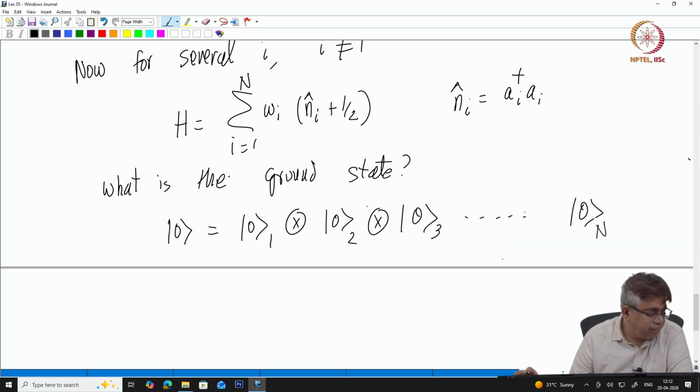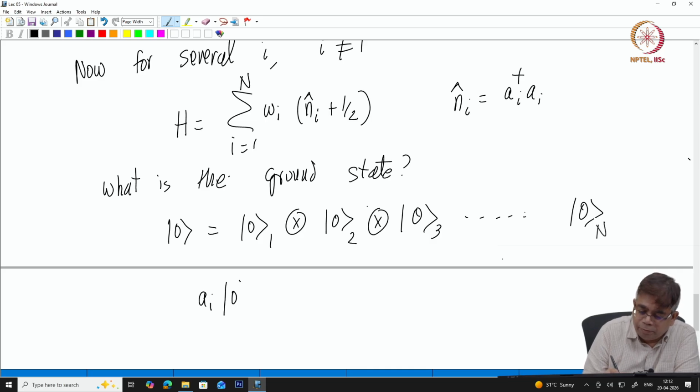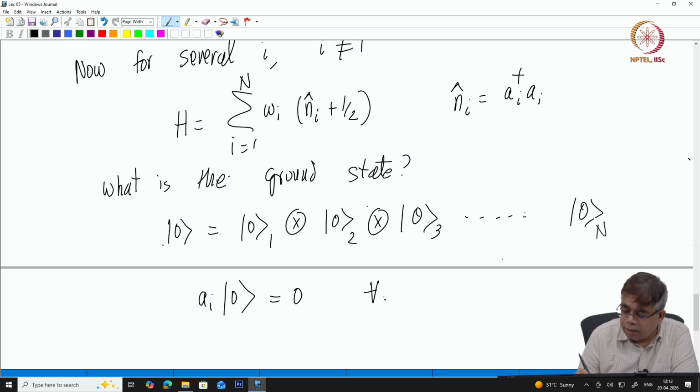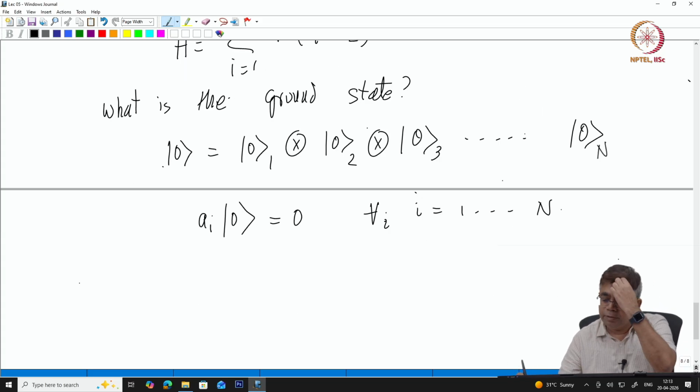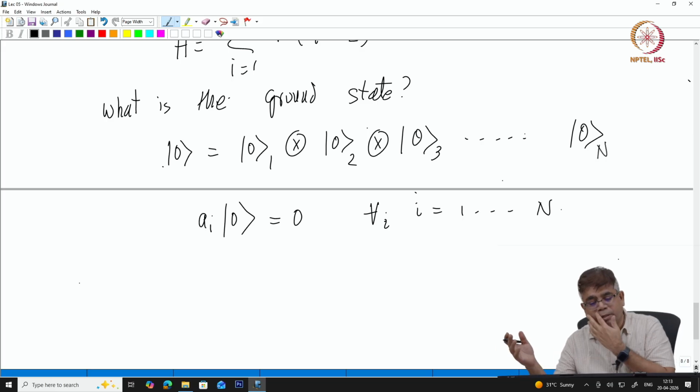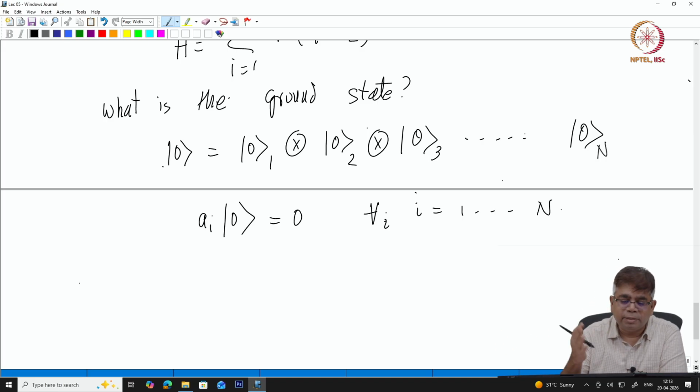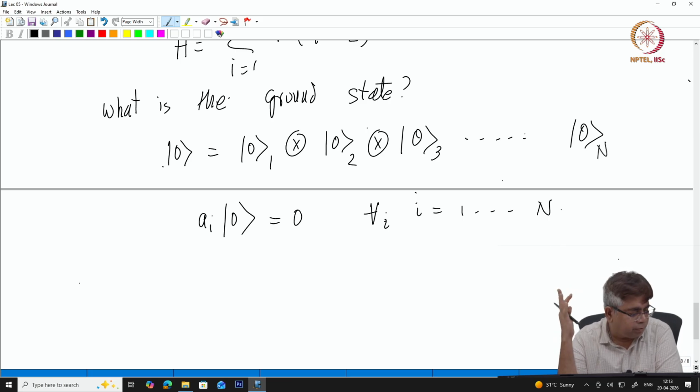The vacuum state is annihilated by any of the operators, meaning a_i acting on 0 is equal to 0 for all i, where i is equal to 1 to n. Of course this is a discretized way of looking at it, but what we actually have is a continuous thing. But let us understand it so that we get a picture in terms of a discretized thing.